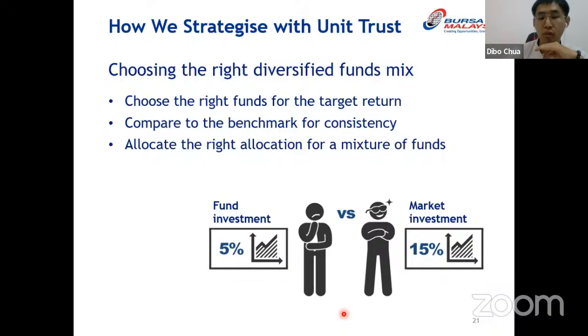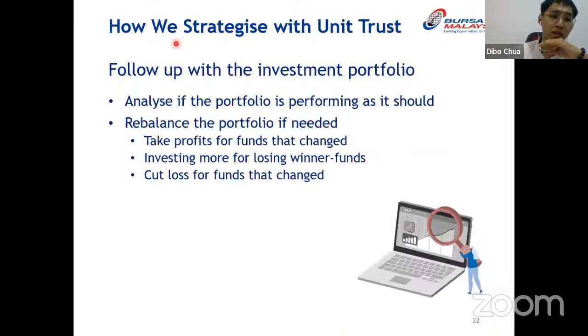Which comes to the fourth step, which is to follow up on the investment portfolio. This is a very important part, because 99% of investors don't do it. Why? Because they just go to the bank, say they want an FD, the banker introduces funds, and they just listen to the banker and invest.